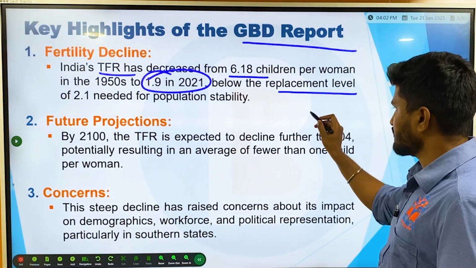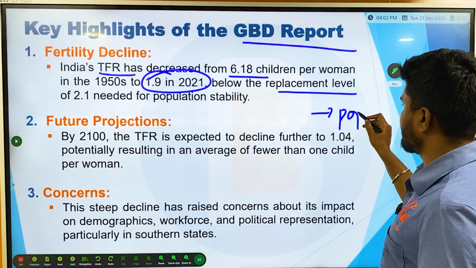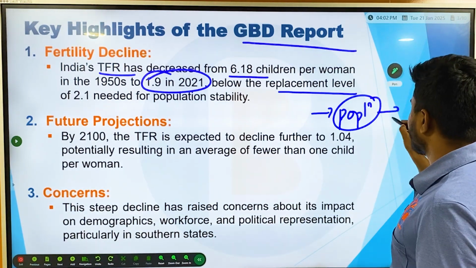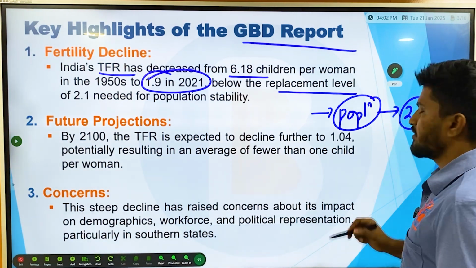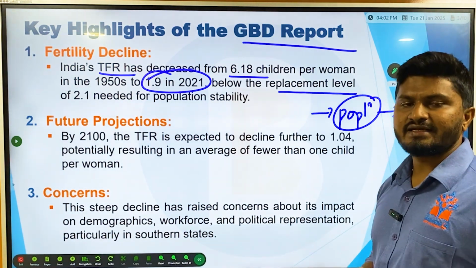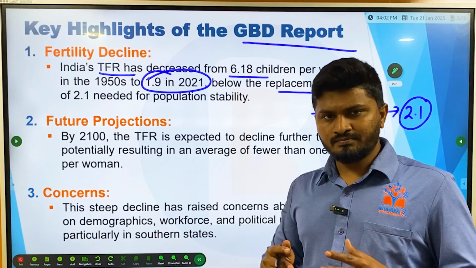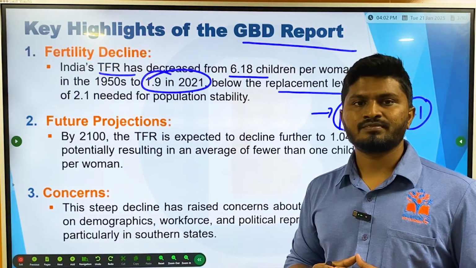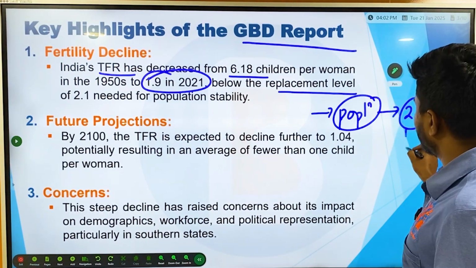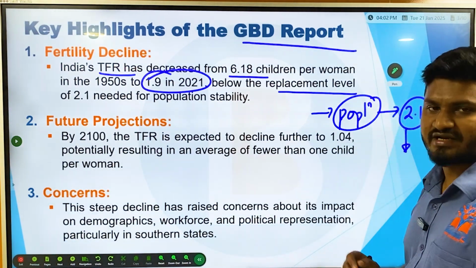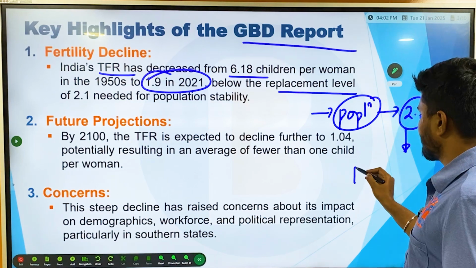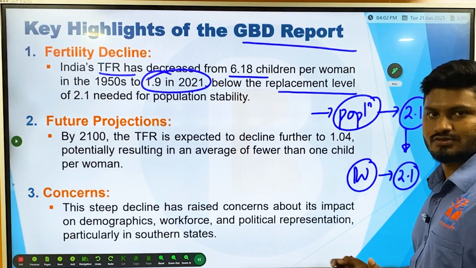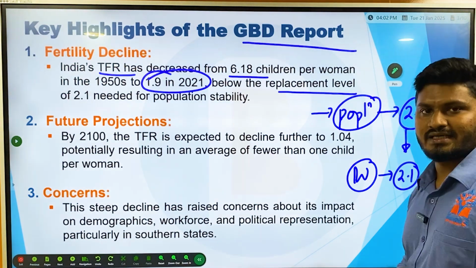Suppose there is a population. In order to replace the population, the total fertility rate needs to be at least 2.1. What is fertility rate? Fertility rate is the number of children an average woman bears in her lifetime. If the replacement fertility rate is 2.1, it means each woman should have at least two children.